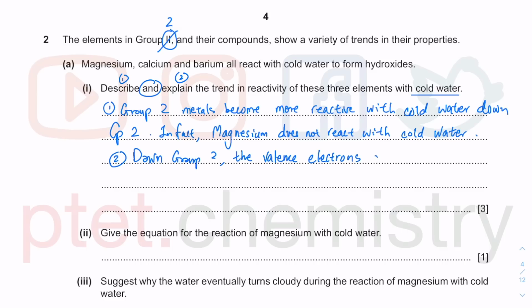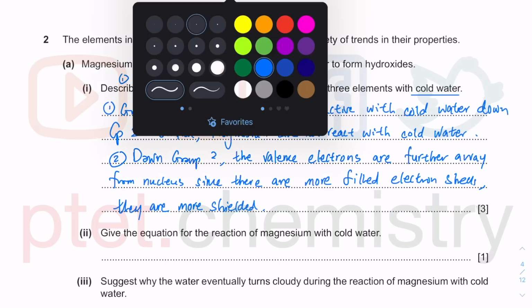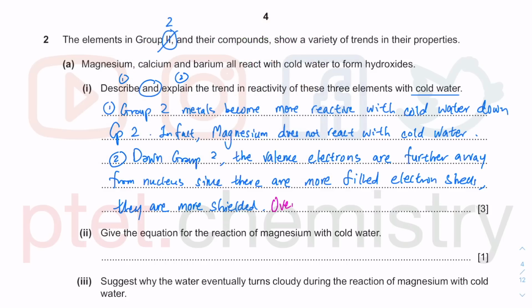They are further away because there are more filled electron shells, so they are also more shielded. Shielding also increases. Overall, it's much easier to lose them.